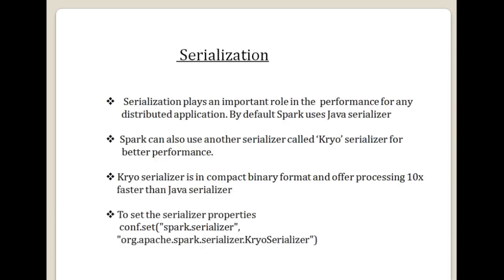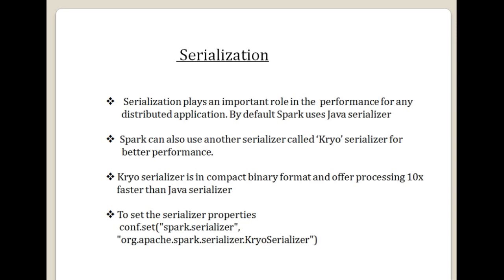First one is serialization. Serialization plays an important role in the performance of any distributed application. And we know that by default, Spark uses the Java serializer on the JVM platform.